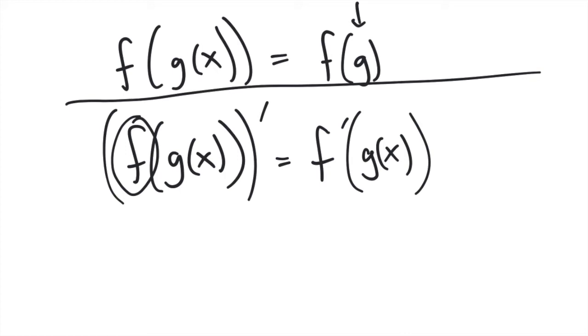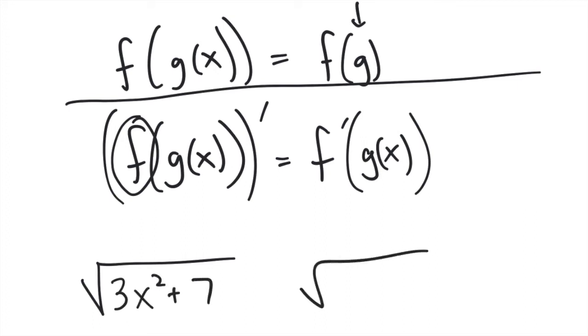Now, let's say we have two different compositions of functions, something like the square root of 3x squared plus 7 and the square root of 2x squared minus 1. The outside function for both of these is the square root function. And so when we take the derivative of the outside function, for both of these two functions, it is going to be exactly the same.